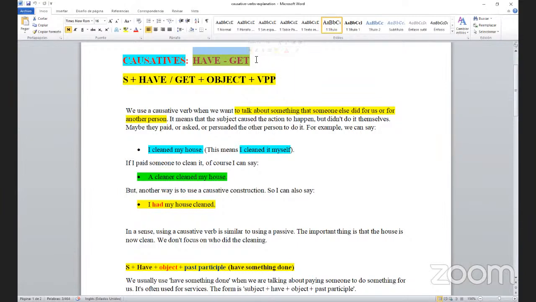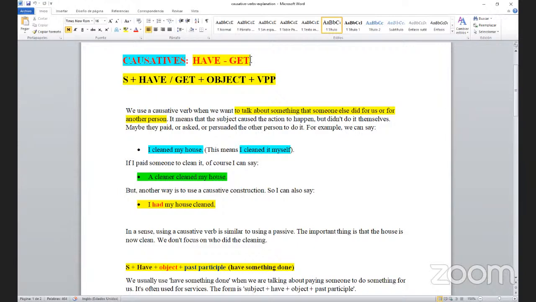This grammar is the opposite of reflexive pronouns. Why? Because in reflexive pronouns, we talk about actions that we do by oneself. For example, I do my homework myself. If I use myself, I'm talking about an action that I do alone. I do it by myself.